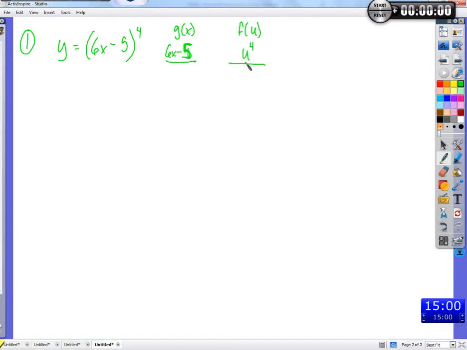Well, I guess it would depend. If what we're saying y is, y should be equal to, in the way that we've written it here, f of g of x. Okay. Let's reverse them.